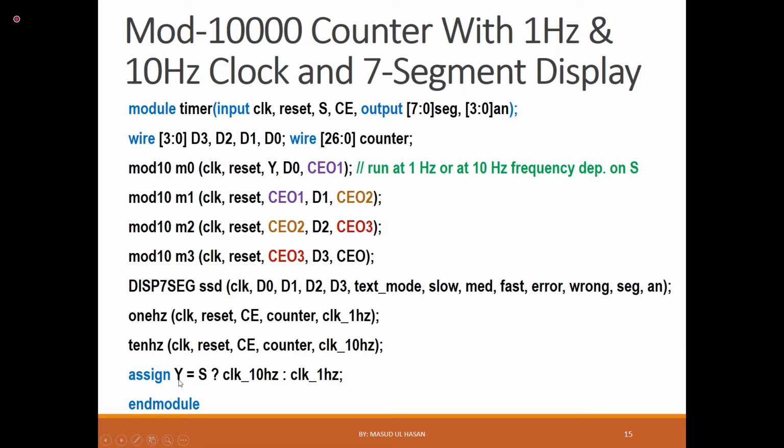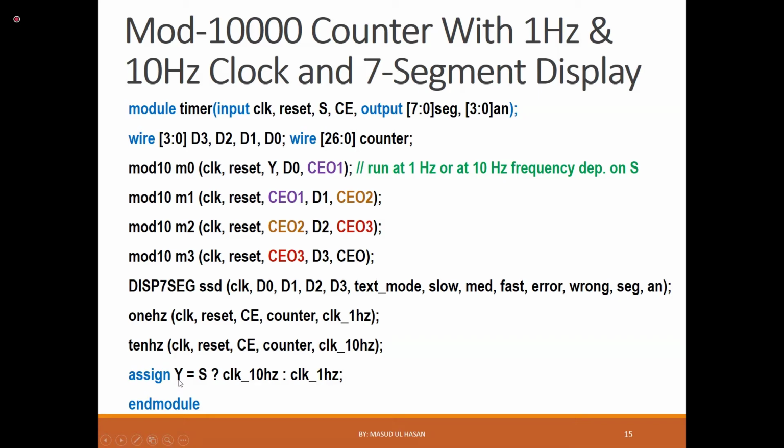If S is 1, it will give you the 10 hertz clock. And this Y output of the multiplexer is connected at the CE of the first mod 10 counter.